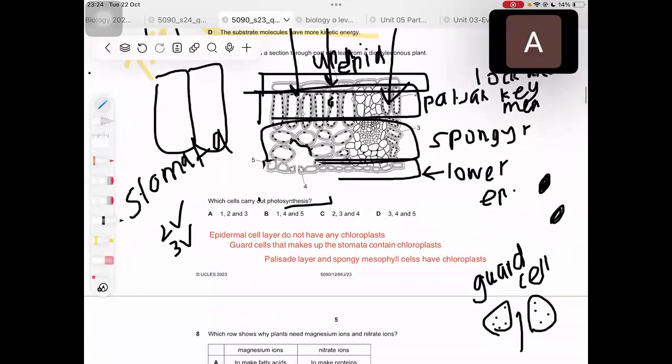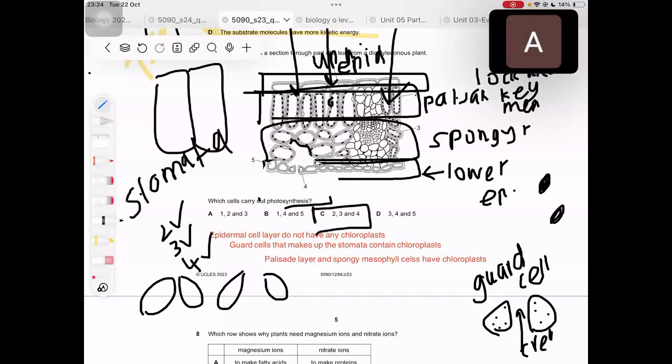These guard cells are the ones which create the stomata, right? Actually, due to the movement of guard cells only, the stomata can open and close, right? Therefore, guard cells will also have chloroplast and will also carry out photosynthesis. So 4 is also correct. So the answer will be 2, 3, 4, which is C.